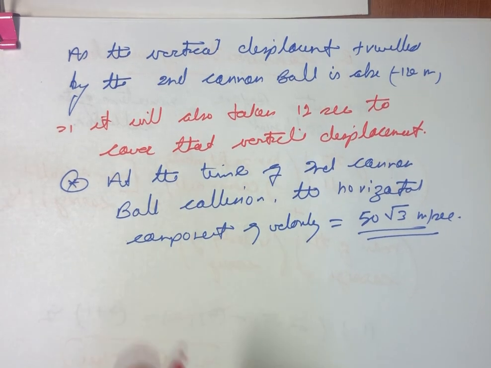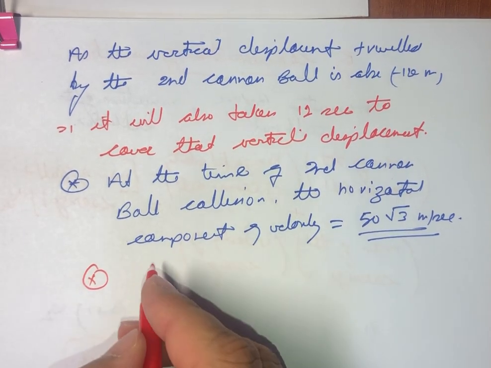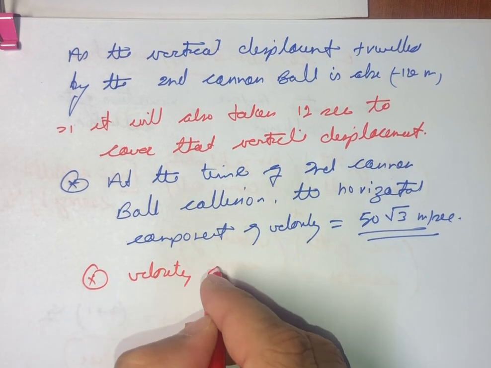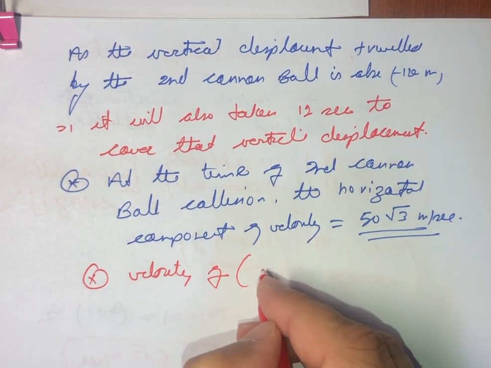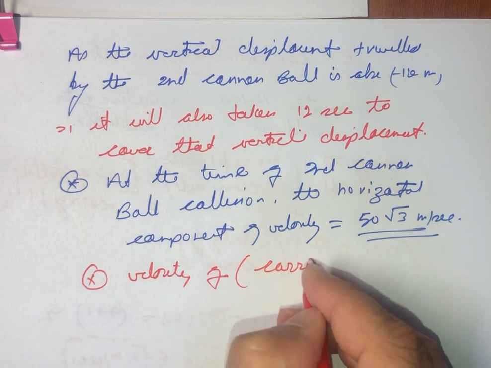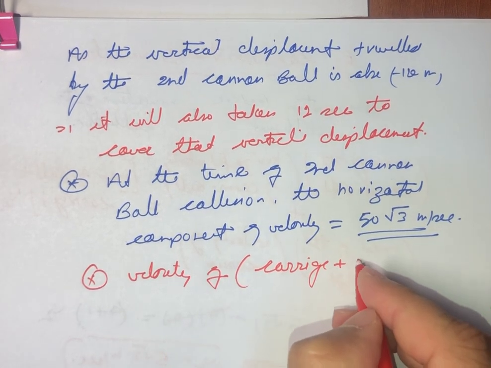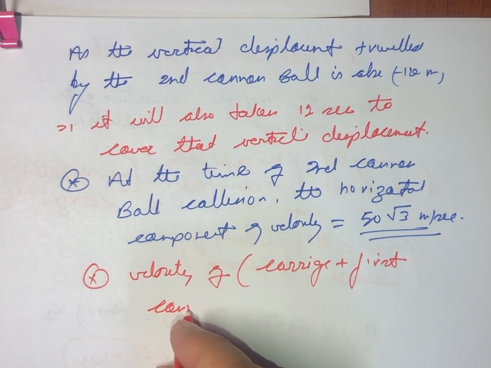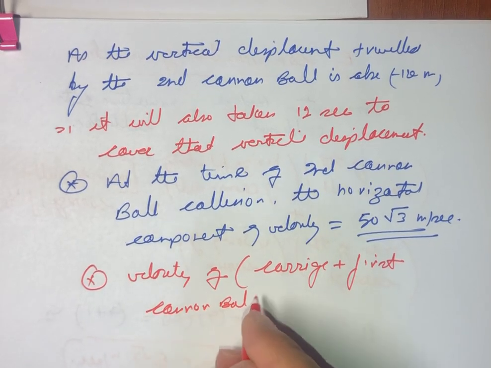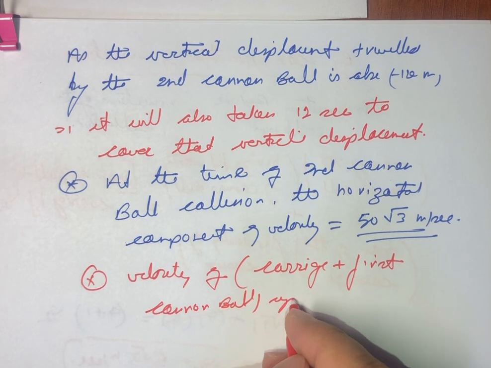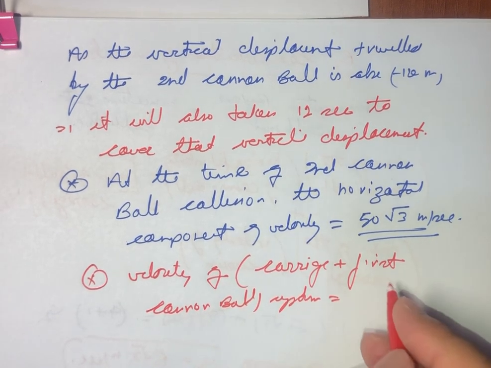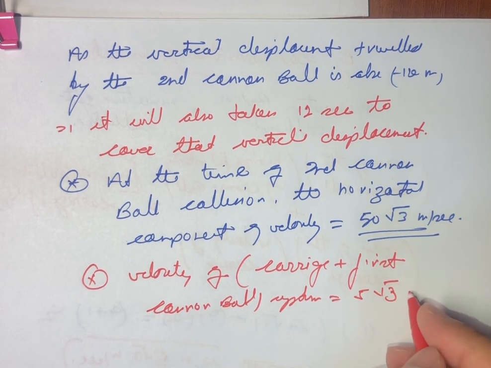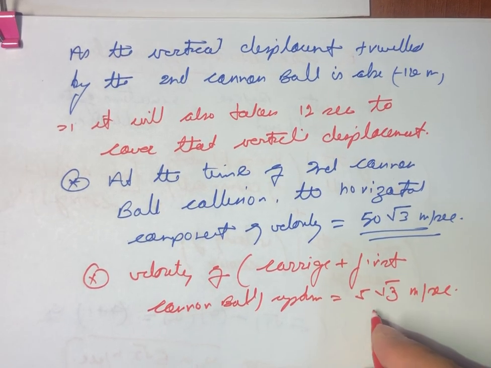And we also know that the velocity of the carriage and first cannonball system is 5√3 meters per second.